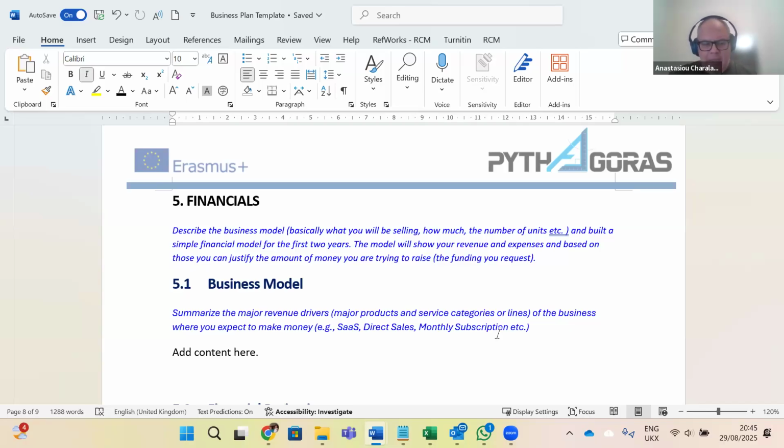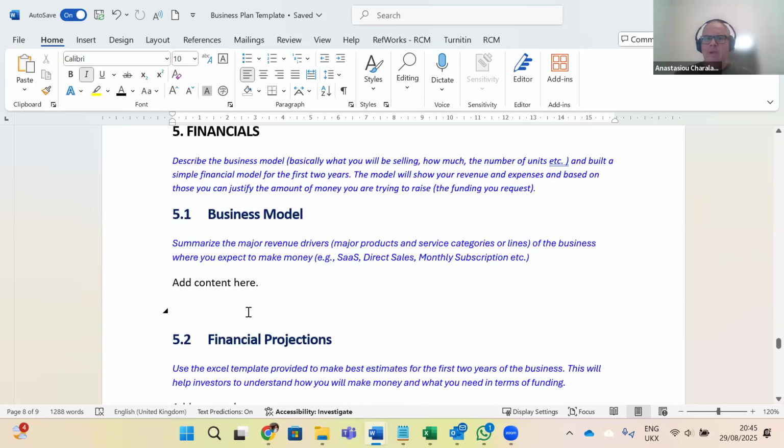Are you going to have licensing agreements? This is where you put these things, and you add some understanding of the different expenses that might be occurring with this. What is actually going to be your revenue, your ways to create revenue?